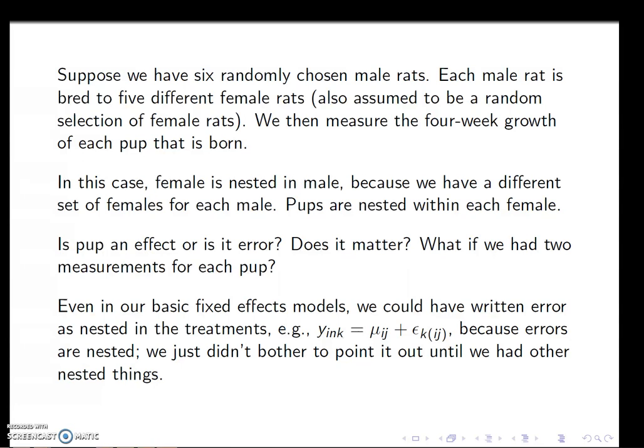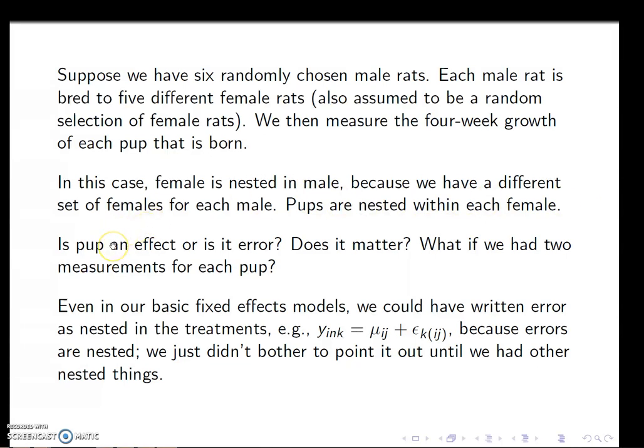Then we measure the 4 week growth of each pup resulting from that mating. In this case, just like the cow and bull study, females are nested in male. We have a different set of females for each male. We're not going to mate females with one male, then go mate them with another, because then the heritage is unclear. So pups are nested within each female.